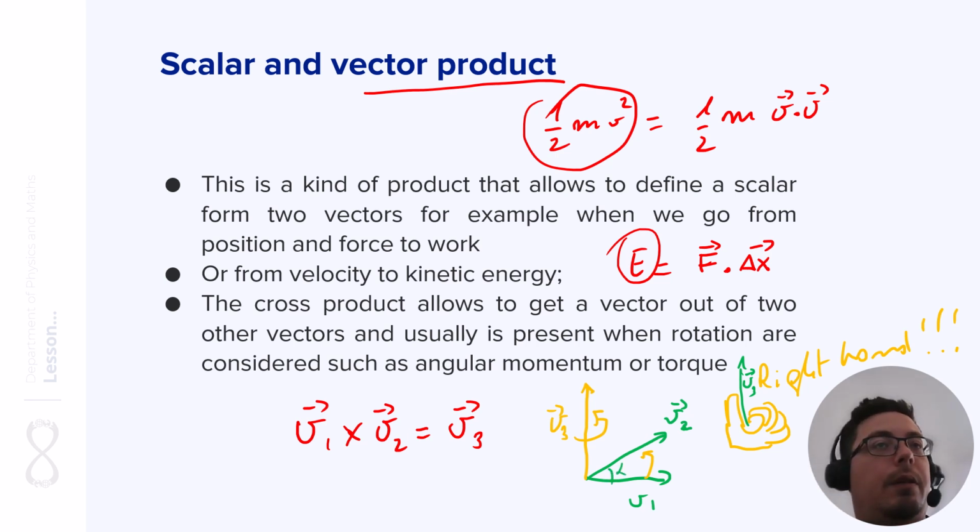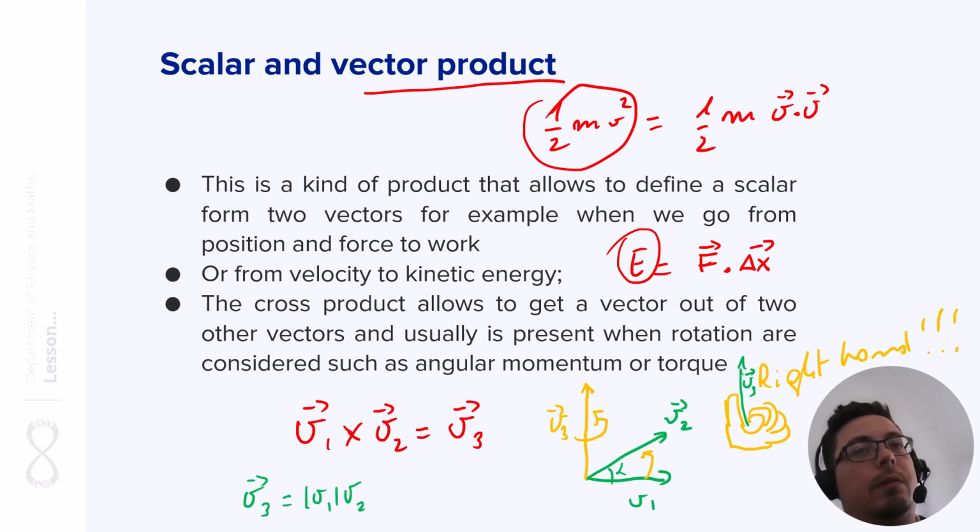So actually v3 is the modulus of v1 times the modulus of v2 times sine alpha, in the z direction, because we have got z here. Okay.